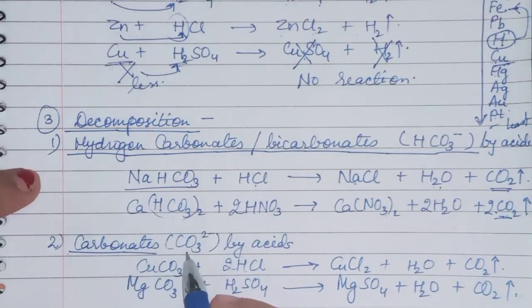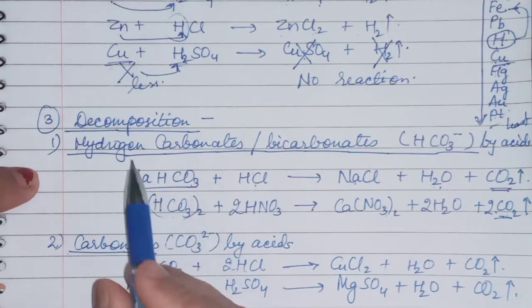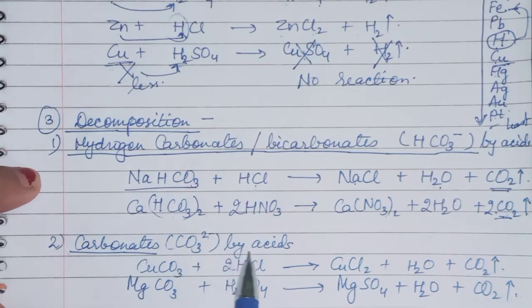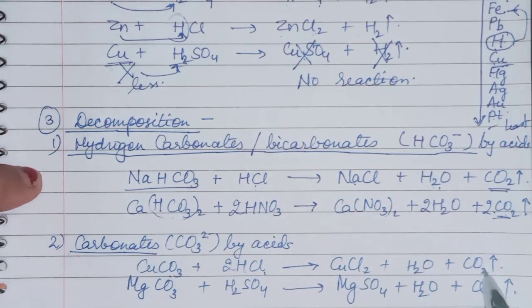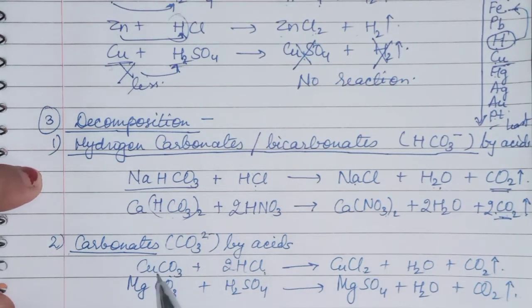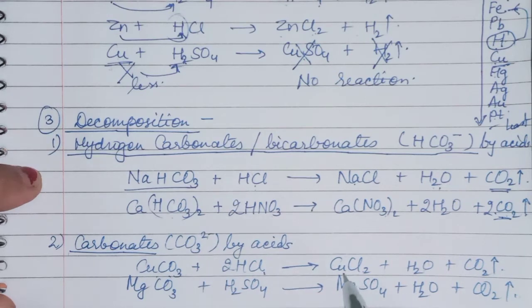Now carbonates, CO3 2 minus, decomposition of carbonates by acid. So copper carbonate when it reacts with acid will decompose into salt, water and carbon dioxide. Here copper carbonate is there, that's why it is copper chloride, water and carbon dioxide gas.